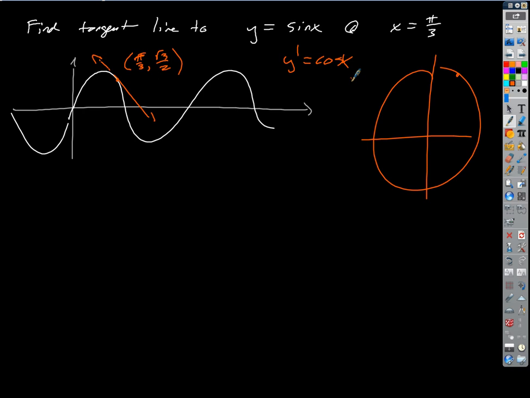Cosine x. Okay, so we're trying to find y prime at that x value. So cosine of pi thirds, what is that? 1/2. Yeah, it's 1/2, isn't it? Oh, I know why it's wrong. That's pi halves.